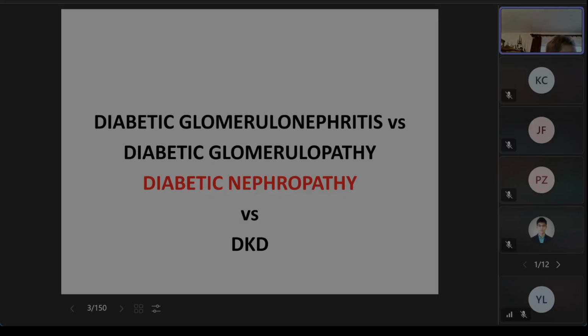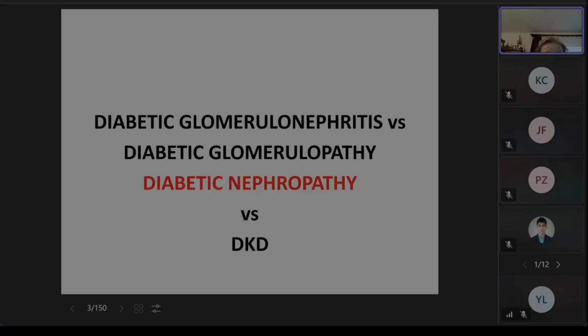In the past, it was known as diabetic glomerulopathy or diabetic nephropathy, but nowadays we would rather use the name diabetic kidney disease because, as we found, diabetes mellitus can injure not only the glomeruli, but also the tubules of the kidneys, as well as the blood vessels, and also some of the urinary tract, meaning the bladder, which in diabetes mellitus can become a neurogenic bladder.